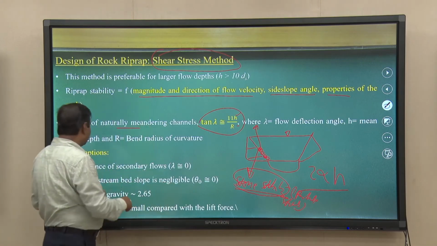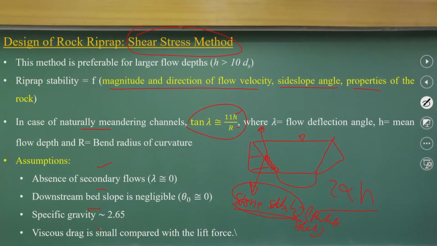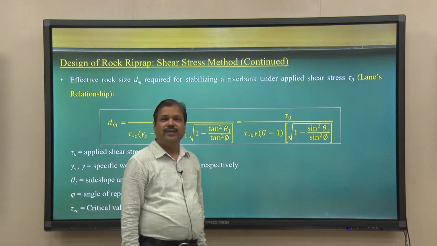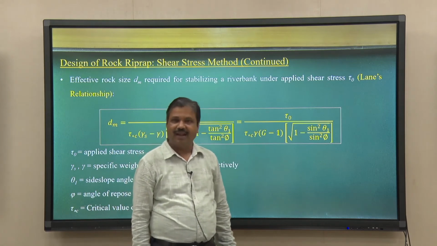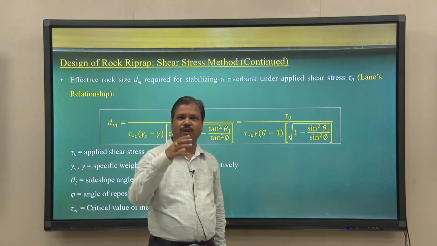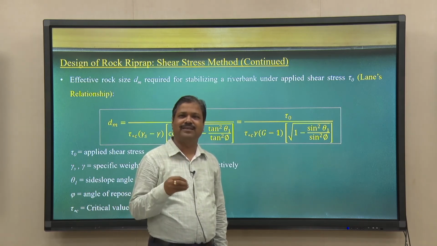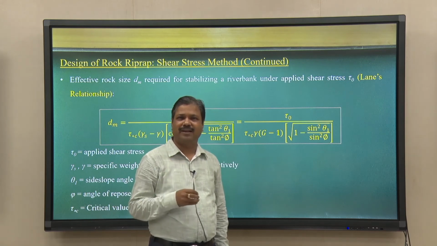So, if you look at that, you can have certain assumptions. The specific gravity of the stone is 2.65, the downstream bed slope is negligible, and there is an absence of secondary flow. Now, in the design by shear stress methods, as I said, you can consider a particle stability analysis, as you are dumping the stones, equivalent to bed material or bank material particle stability.